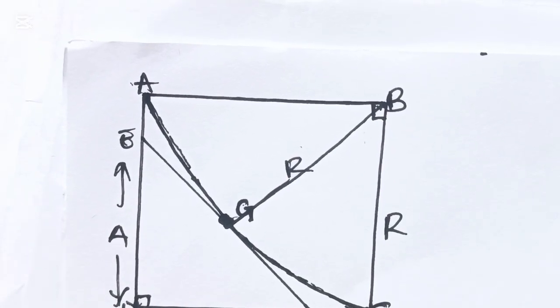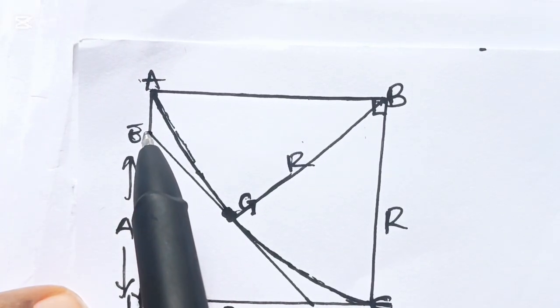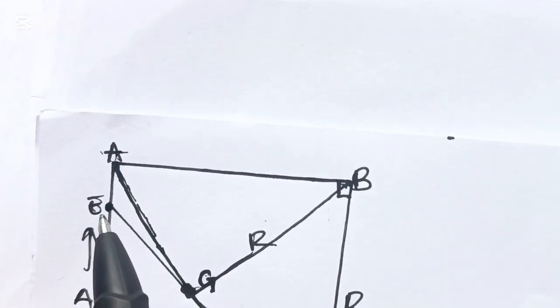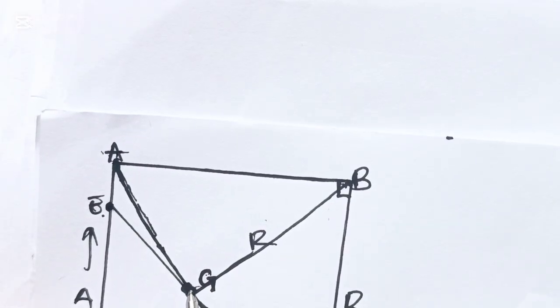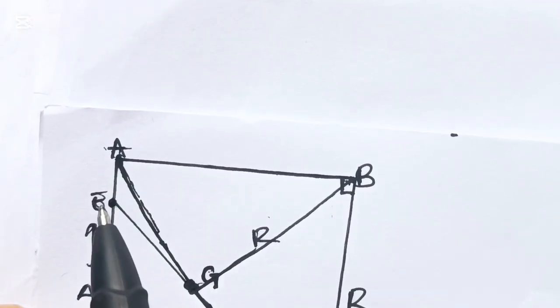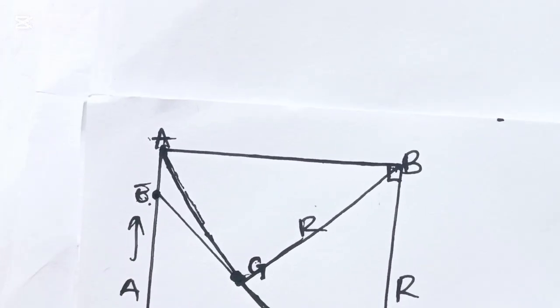So using this external tangent theorem, you can see that E refers to our P here. Yes, because AE is a tangent at this point, and EG is a tangent at this point. So using this theorem, AE is equal to EG. Now, what is our AE?